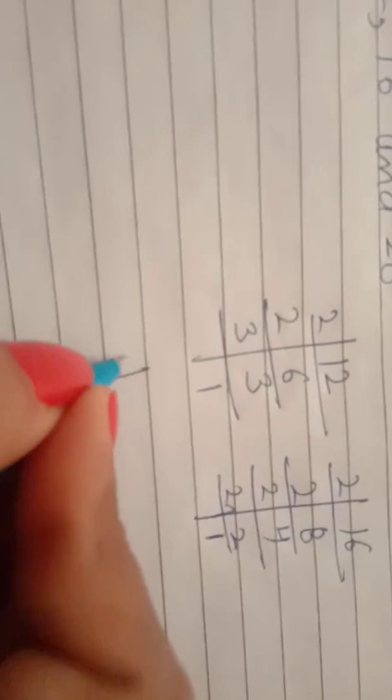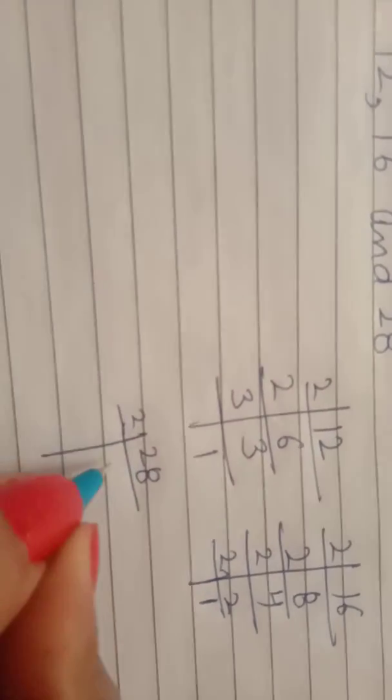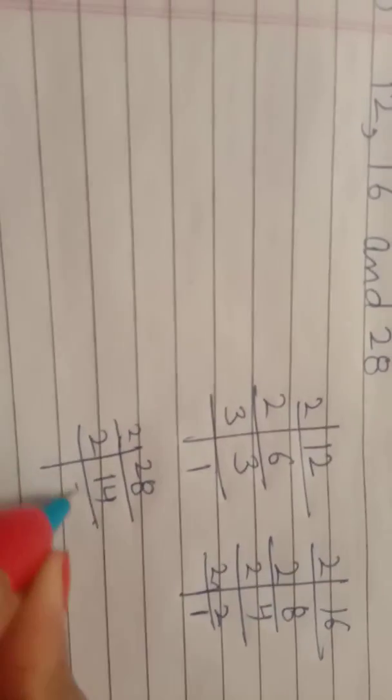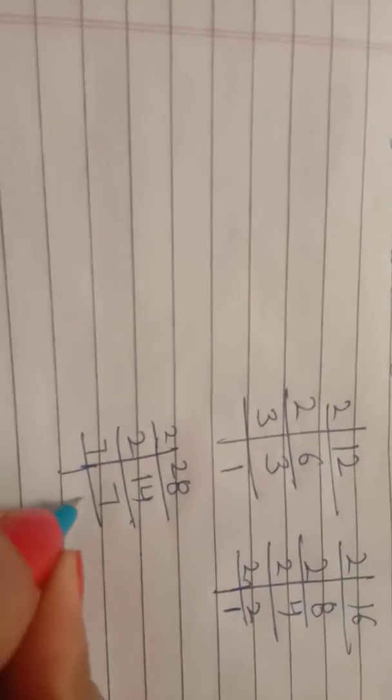Prime factorization of 28: 2 14s are 28, 2 7s are 14, 7 1s are 7.